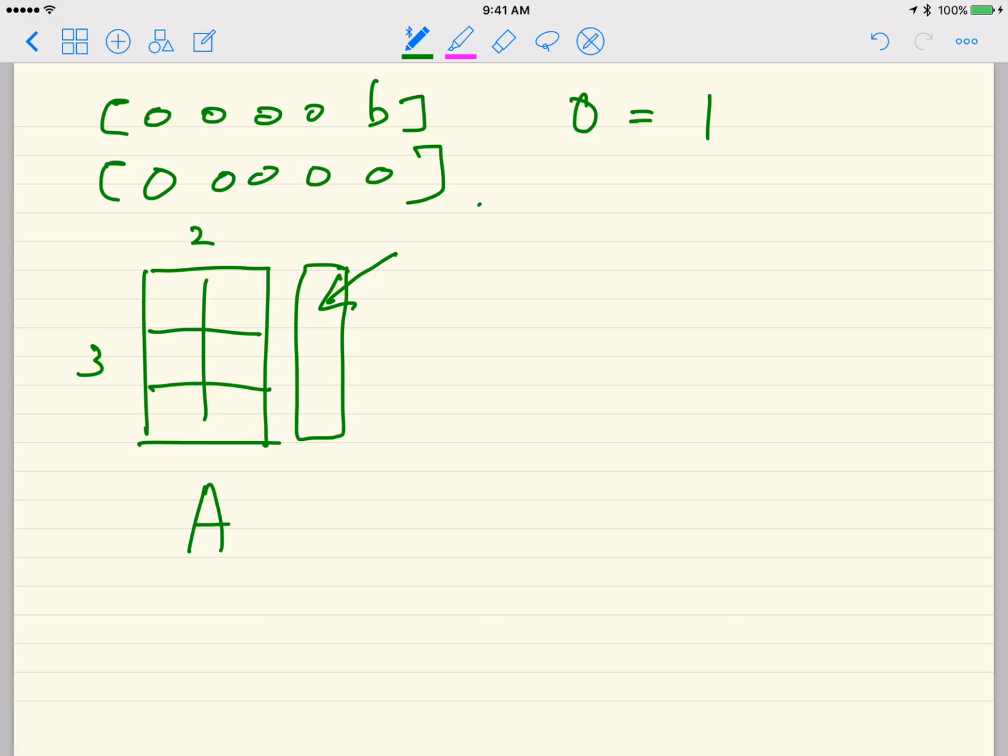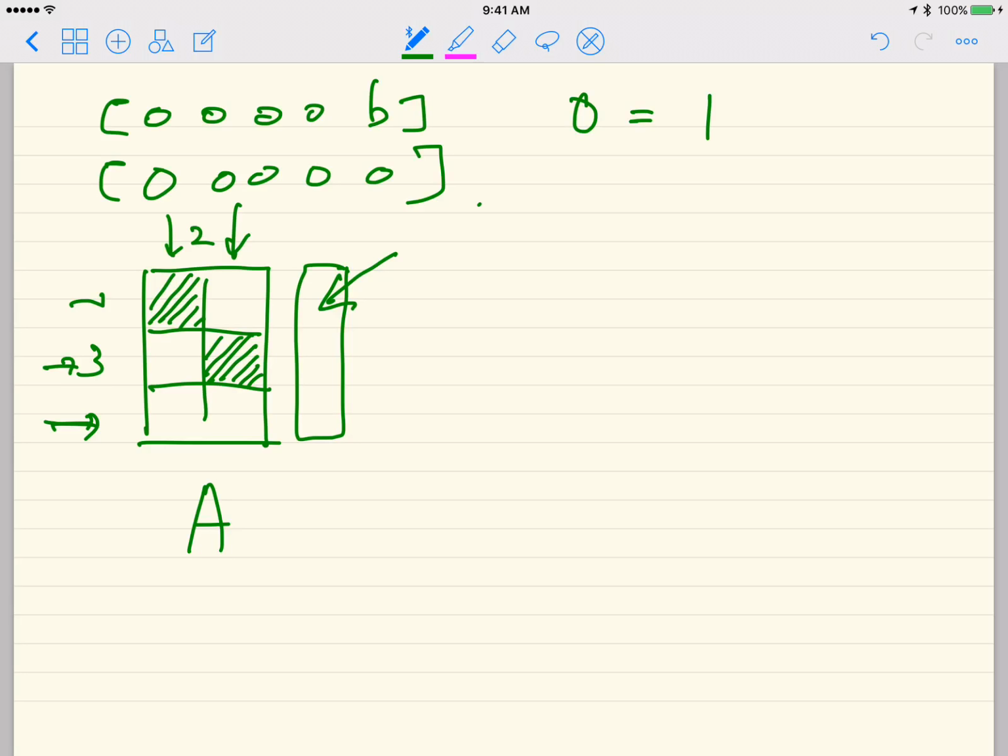Only one pivot can exist per row, right? And we have 3 rows. Suppose we have a pivot here, and then the next pivot here, and then what about the 3rd row? Can we have a pivot in the 3rd row in these 2 columns?